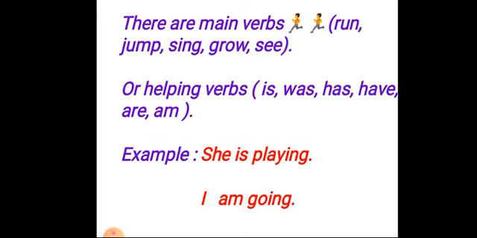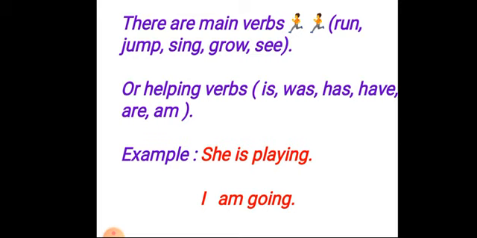Let's move on. There are also different kinds of verbs. There are main verbs. Main verbs are the actions that people do, the action itself that you do. Like I am talking. My action is talk. The action I'm doing now is talk.